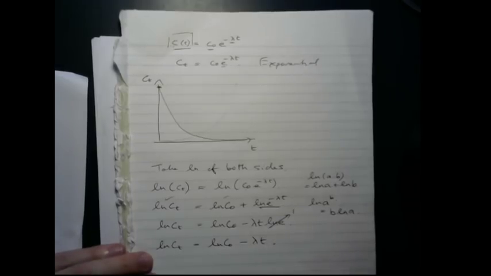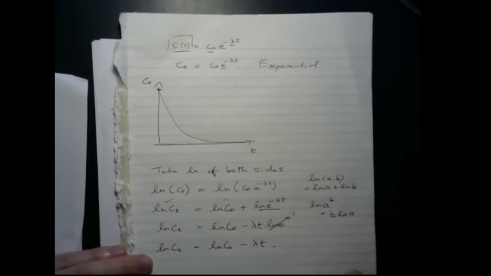Okay, and now I've got my x variable, which is actually time, not dependent on anything except this factor lambda in front of it. So this is a linear equation, right? You should recognize that.